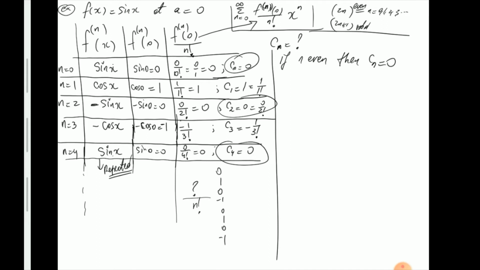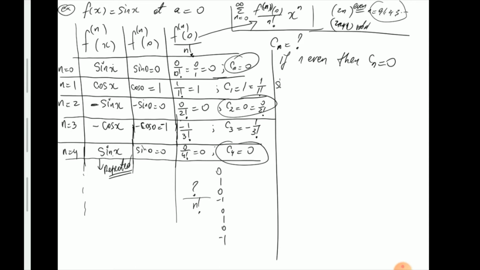So the even numbers are 2n, and if n goes from 0 to 1, 3, then 2n is 0, 2, 4, 6, and so on. Whereas 2n plus 1 goes to all the odd numbers. Again, n is the same from 0 to infinity, but if you just write 2n plus 1 instead of n, you go through the odd numbers only. Because this is what you should have essentially in your Taylor series.